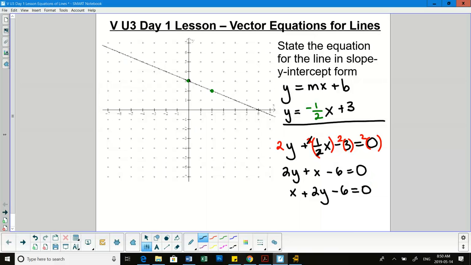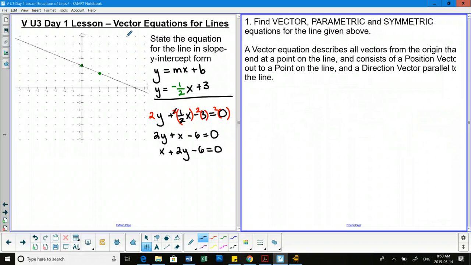So I might jump back to this slide. Maybe we'll go on dual page here. Our task is to find the vector, parametric, and symmetric equations for our given line here.